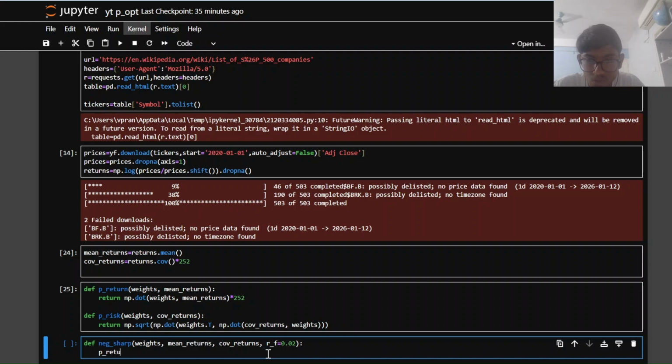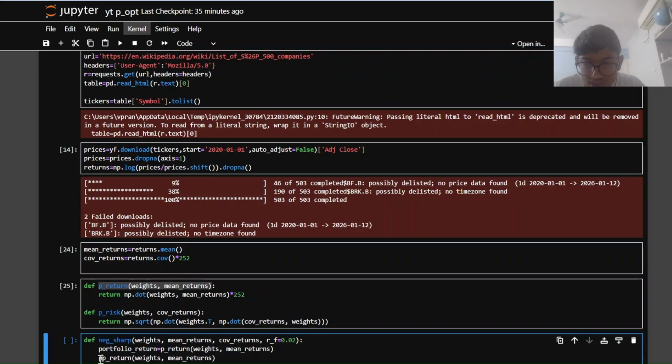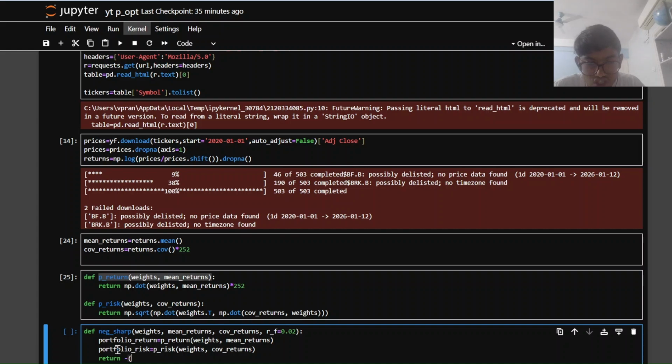And let us quickly compute RP return to be this thing over here, portfolio return, portfolio risk is equal to P risk, weights, comma, cov, returns, and finally return the negative of our Sharpe, which is portfolio return minus RF over portfolio risk.